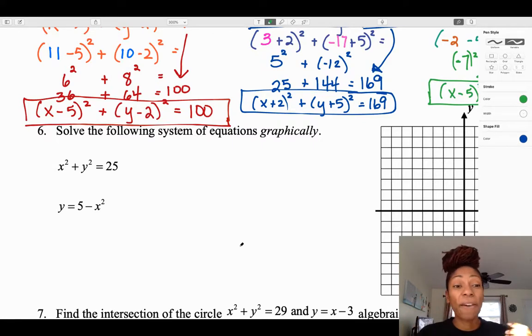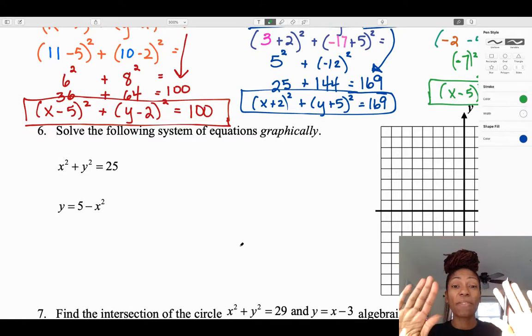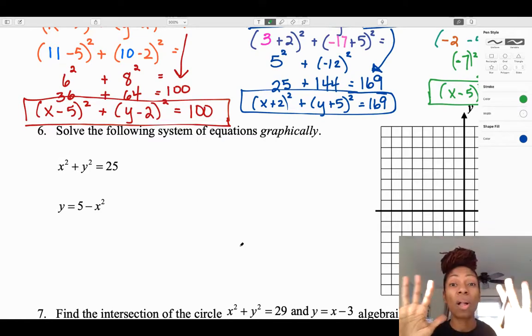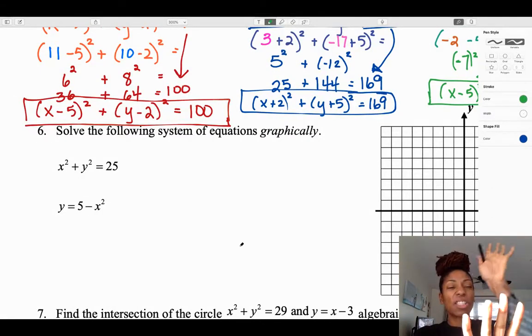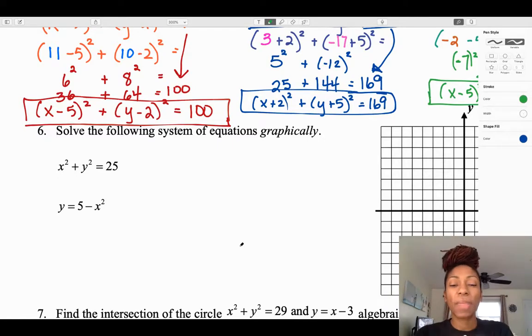If you graph and the graphs do not intersect at all, that means there is no solution. If you graph and one graph fits directly on top, they overlap, everything fits the same exact way, that means that there are infinite solutions.